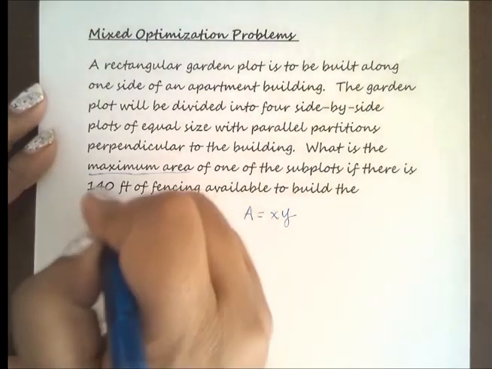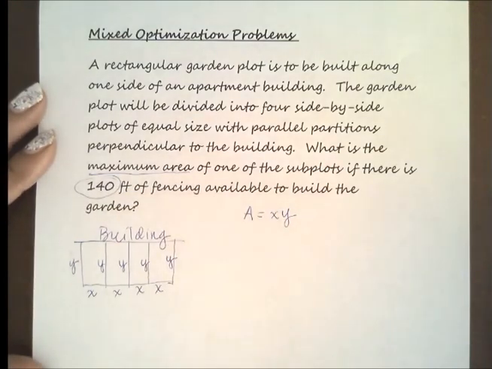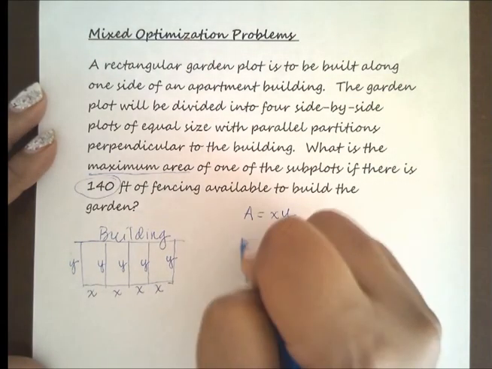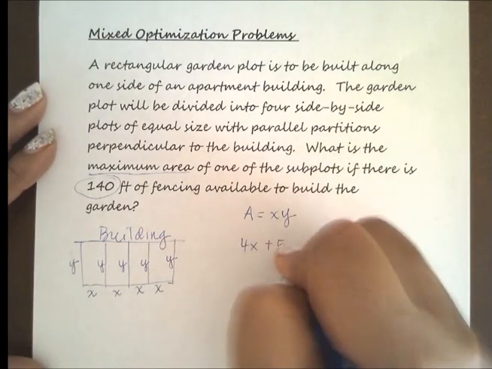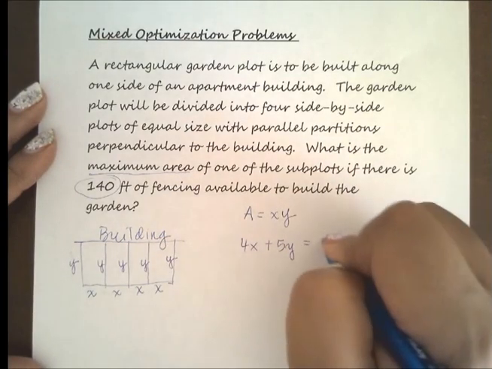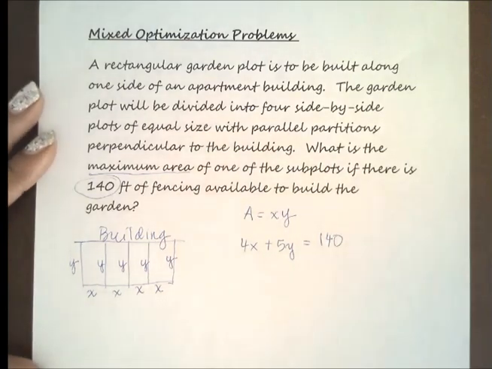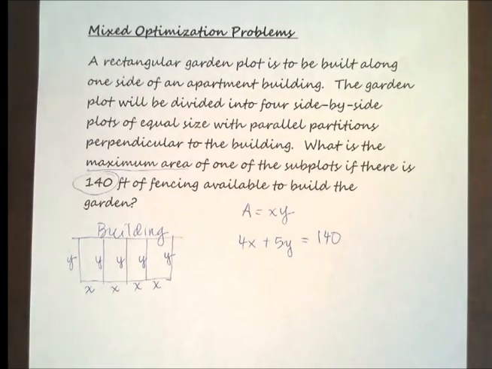And I have 140 feet of fencing. This is my constraint, right? This is all the fencing that I have. So if I add up the 4x's and I add up the 5y's, the sum should be 140 feet of fencing. So this constraint is going to help me create an area function in terms of x alone.